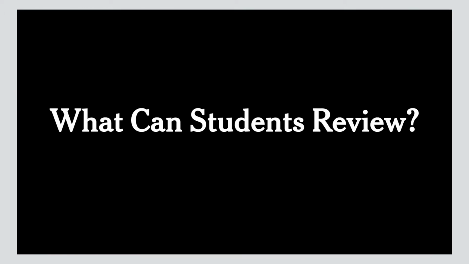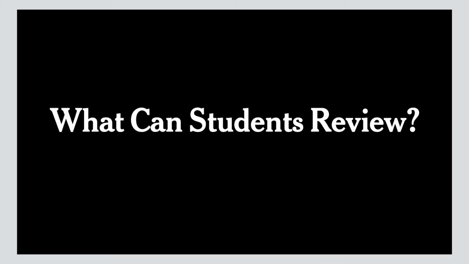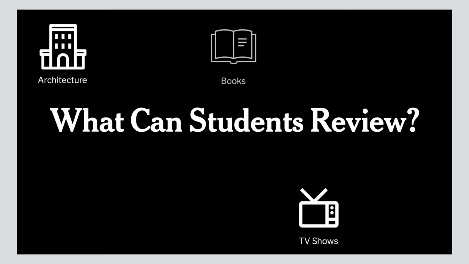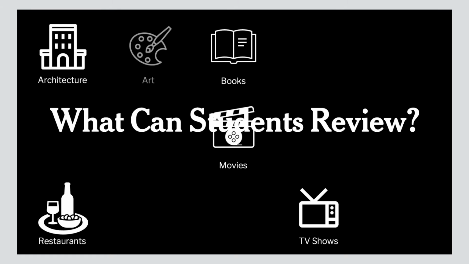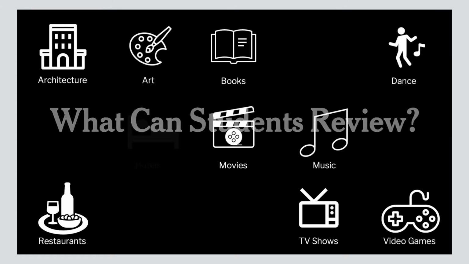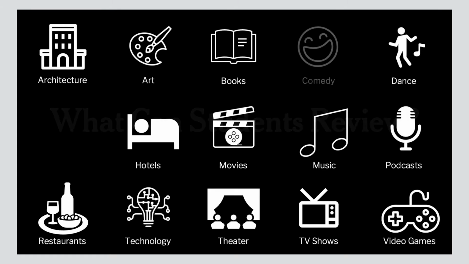What are the different things that students can review? We talked about the different things that you can see in the Times. What can students do? So the Times reviews 15 different categories of creative expression, and these include TV, architecture, books, restaurants, movies, art, video games, dance. There's so many opportunities to review different things. And like I said, for this contest, students can review anything that falls into one of those categories.